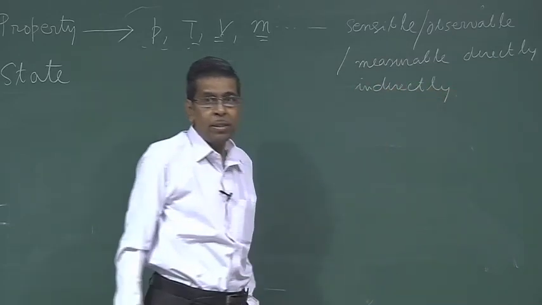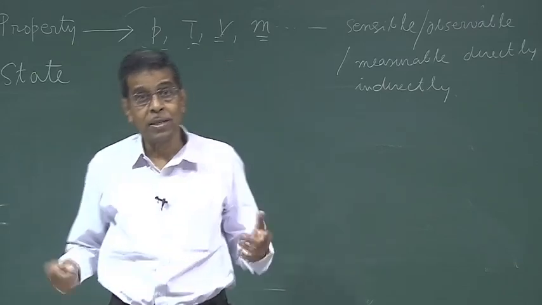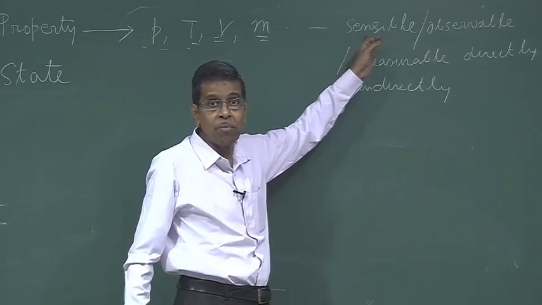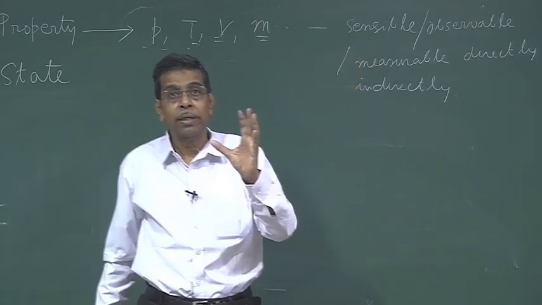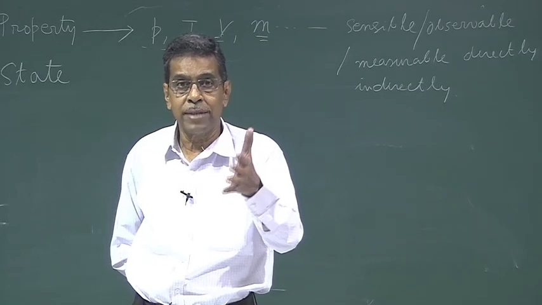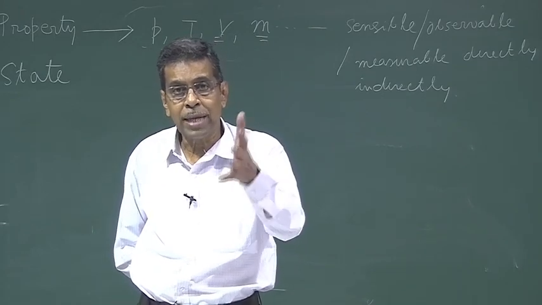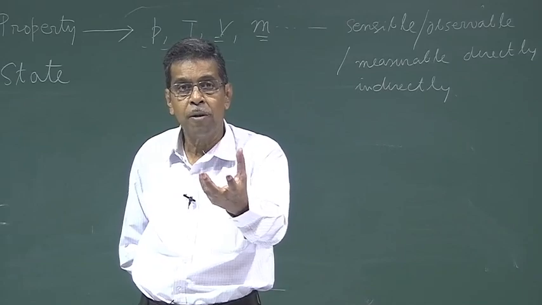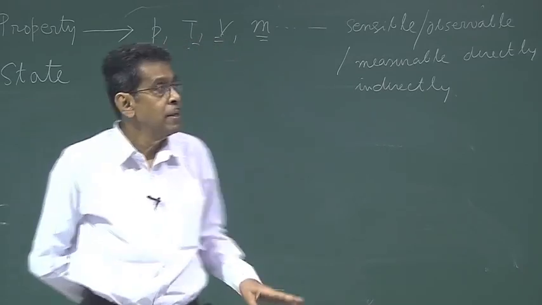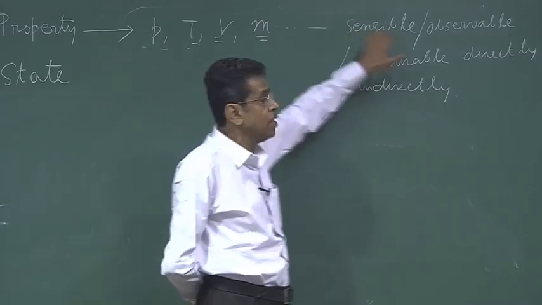For example, body temperature is a property which we can sense by its hotness or coldness. If we touch the body as a system, we feel hot or we feel cold. That means some properties are sensible.